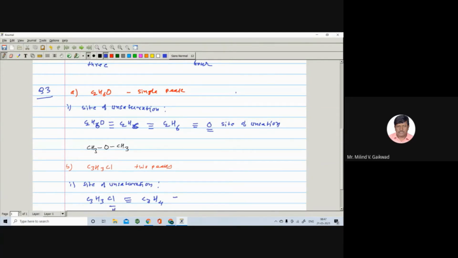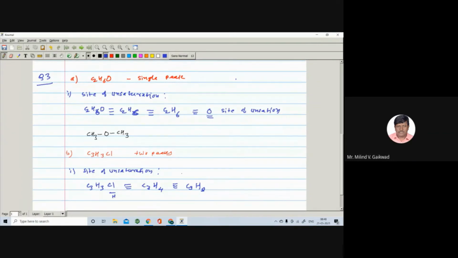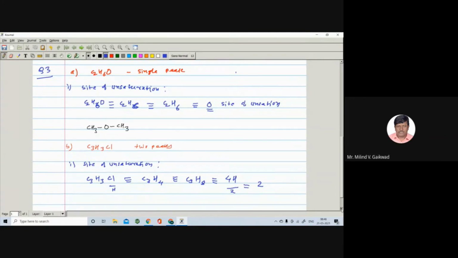Then you have to convert into the corresponding alkane analog. So C3 gives 3, 6 plus 1, 6 plus 2, 8. So it comes C3H8. Then we have to subtract C3H4 from C3H8. So it comes 4 hydrogens, and you have to divide by 2. So it comes 2, means it has 2 sites of unsaturation.